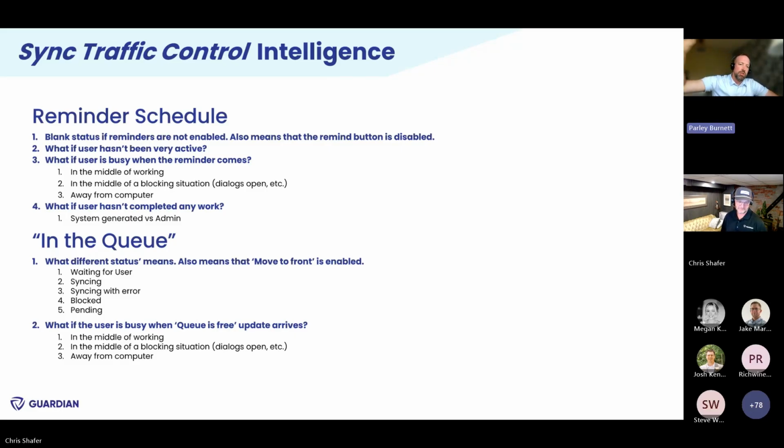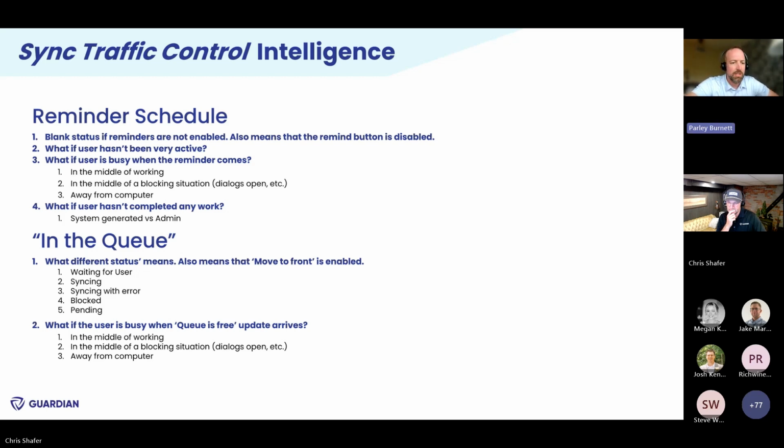If a user shows a time in that status column, that just simply means that they have a reminder schedule, but it doesn't mean they're in the queue necessarily. In the queue means that the user has basically their reminder has come due, or they have clicked to synchronize and they've added themselves to the line of those intending to synchronize.